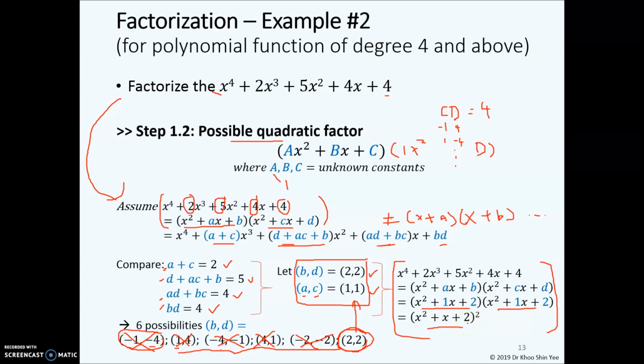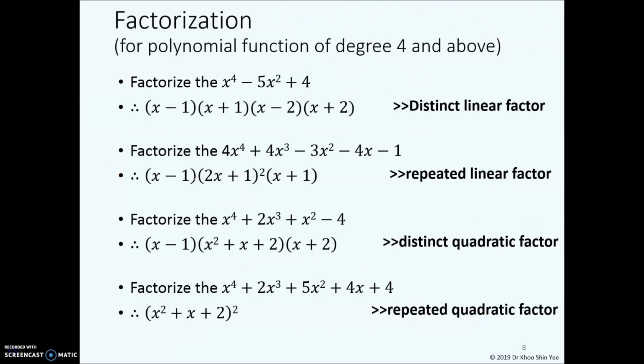So this is our repeated quadratic factor. With that, we have covered the factorization for polynomial functions of degree 4 and above. We should be able to find the factorization for linear factor, repeated linear factor, distinct quadratic factor, as well as repeated quadratic factor. So you should be able to solve it now.